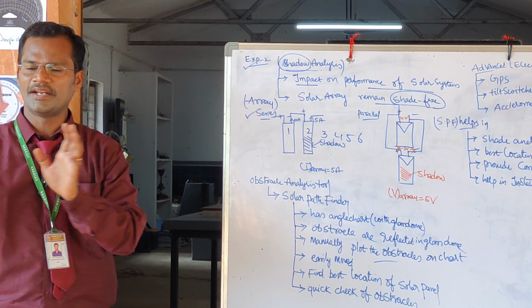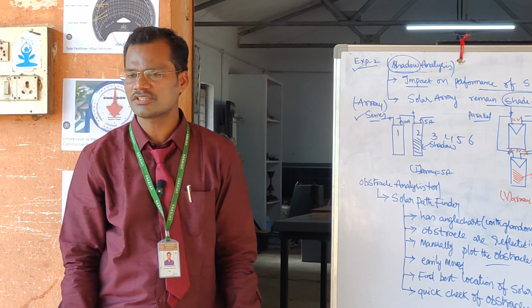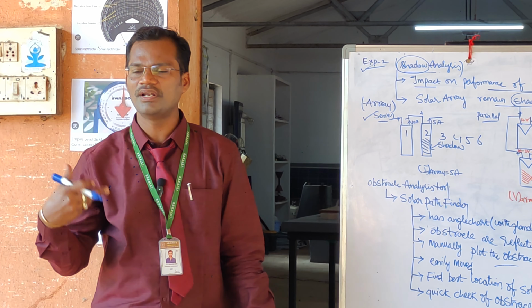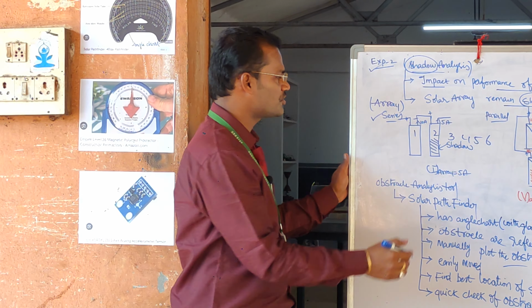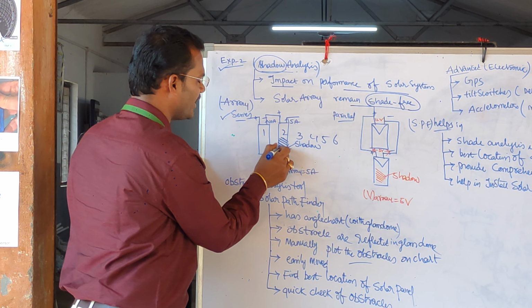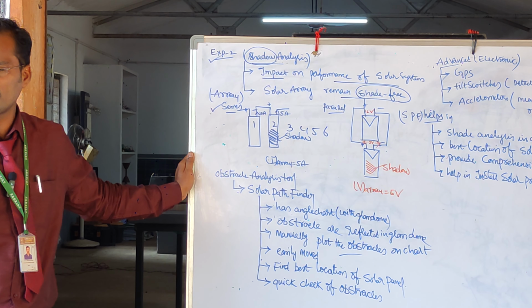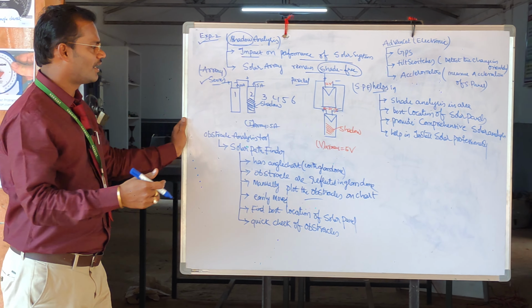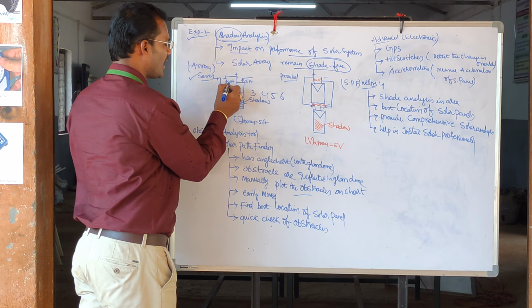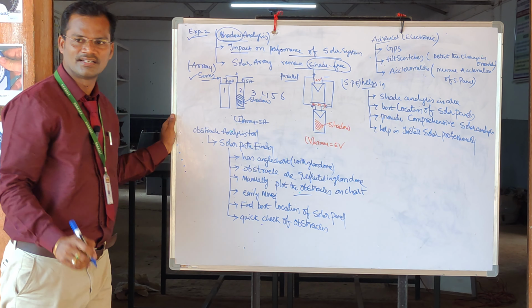Series connection. Okay. When they are connected in a series connection, on one panel a tree shadow or a building shadow is going to fall. Whenever the shadow is going to fall, automatically what will happen? Those cells will not generate the required voltage and required current. You can see here, due to the shadow, actually it has to generate how much current? 10 amperes.